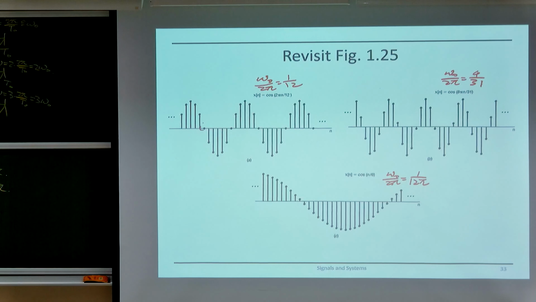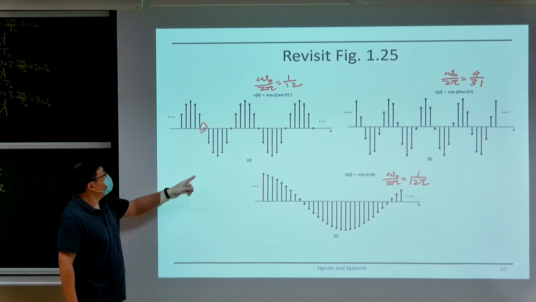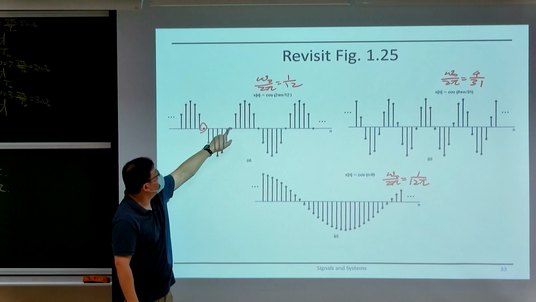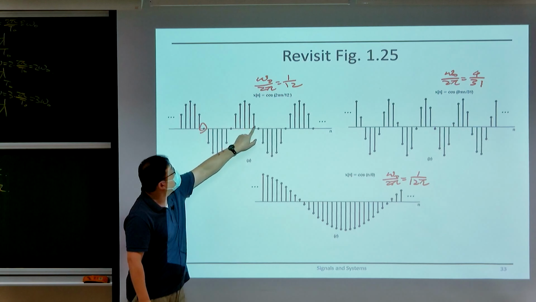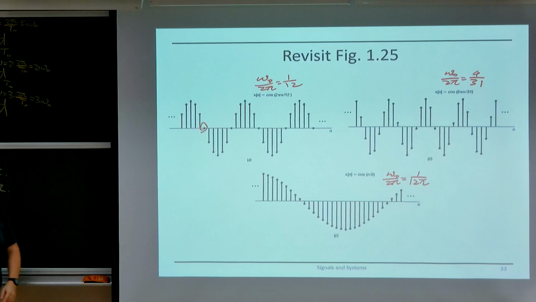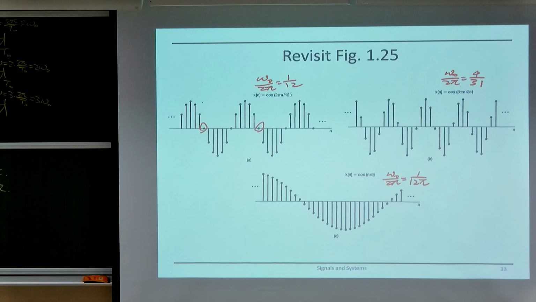So if you start from this point and you go 1, 2, 3, 4, 5, 6, 7, 8, 9, 10, 11, 12, you return back to the same point. So a cycle, a period, is n equal to 12.